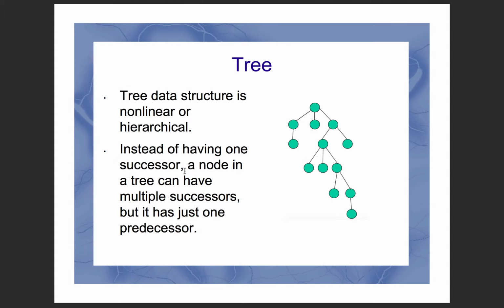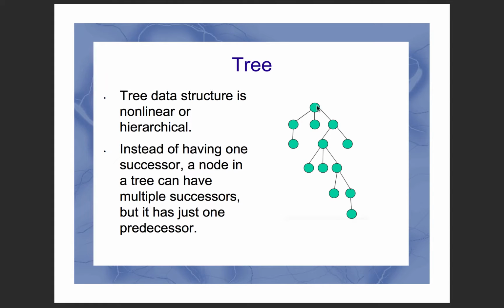Before that, instead of having one successor, a node in a tree can have multiple successors, as we have discussed. These three nodes are the successors of this node. And a node always has one predecessor. So although this node has several forwarding nodes or successors, all nodes have at most one predecessor. You can see that this node has one predecessor, this node has one predecessor, this node has one predecessor.